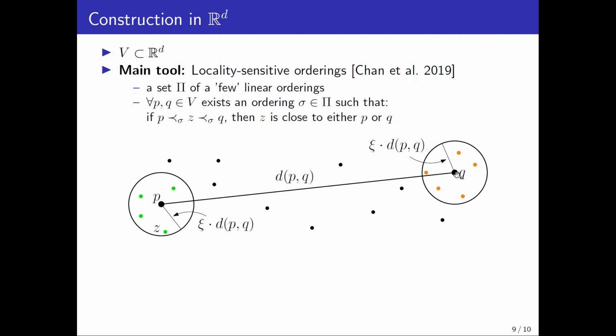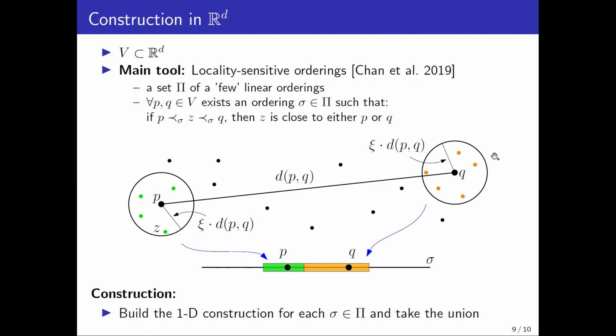Okay, so how do we use this result in our construction? Well, it's very simple. We compute this set of orderings, and for each of these orderings we simply build our one-dimensional construction, and then we take the union. So why is this good? The idea is basically that the reliability is inherited from the 1D construction.